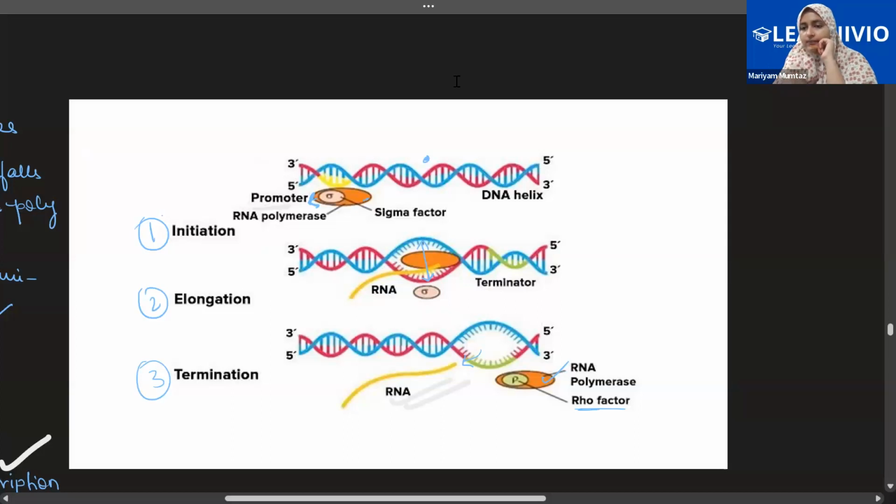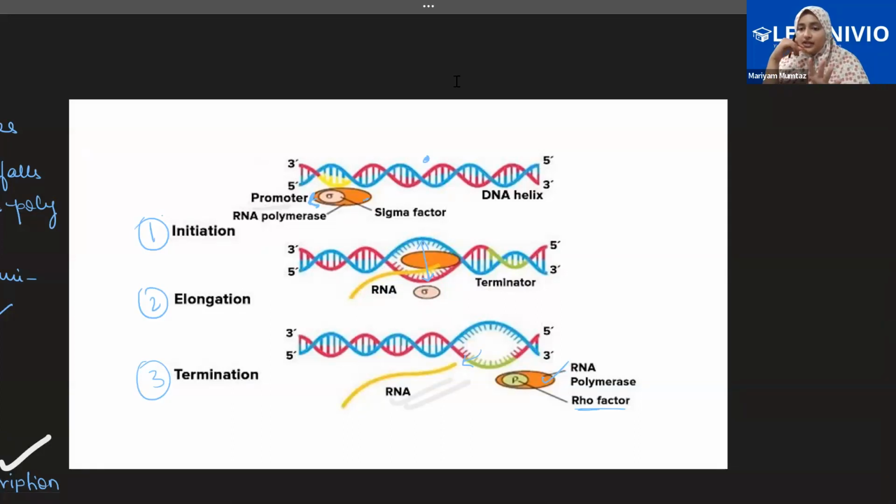If in a 5 marks question I give transcription, whether for eukaryotes or prokaryotes, you're supposed to draw this whole thing. It doesn't have to be color coordinated or perfect, but draw it so that I understand you have understood the topic. Okay? Clear to you all?